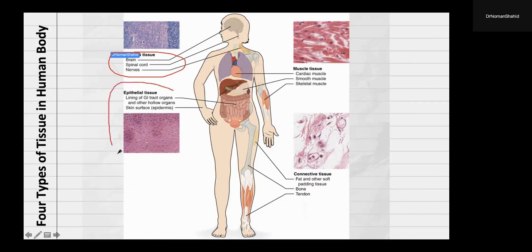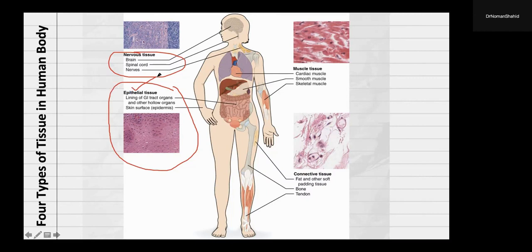And the epithelial tissue looks like this. The cells are closely attached to each other. They make the lining of the GI tract and the lining of hollow organs, all the tubes and all the organs which have a cavity inside. The internal lining is because of epithelial tissue.